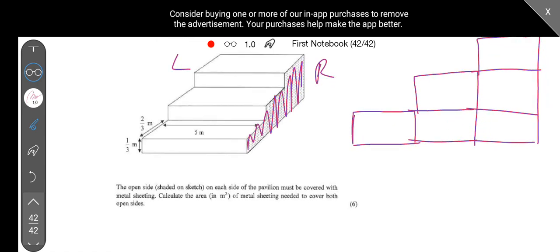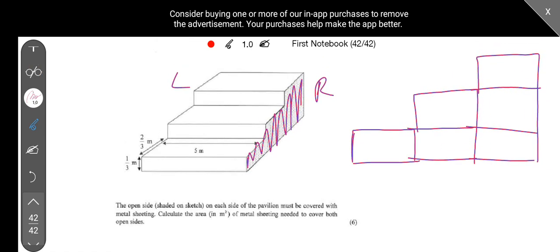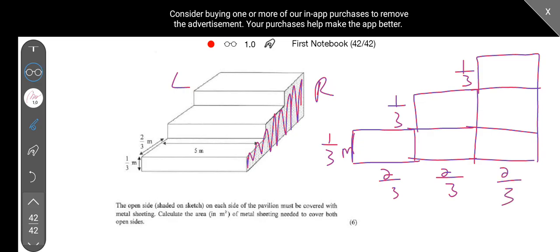So what we're going to do is use the rise we've been given. They say that the rise is 1/3 meters, so the height here is 1/3 meters, and again 1/3, and then 1/3. And then the thread, which is the base or the breadth, is 2/3, and 2/3 again.